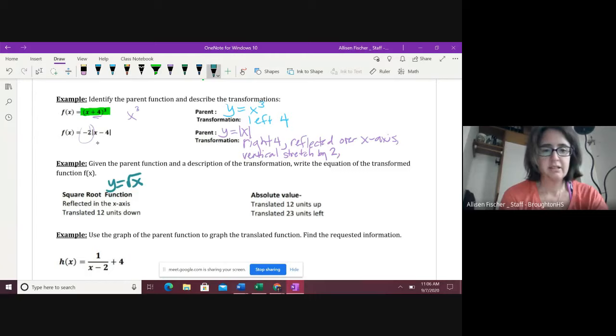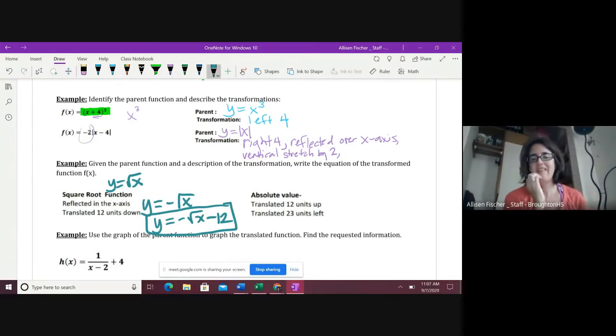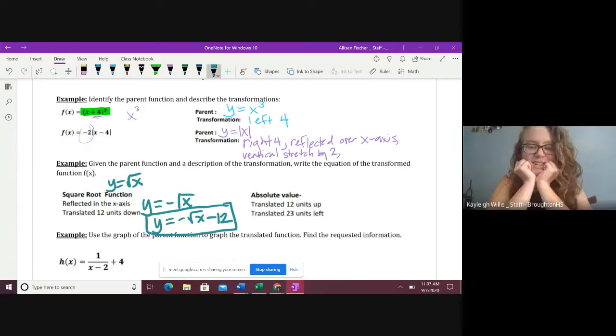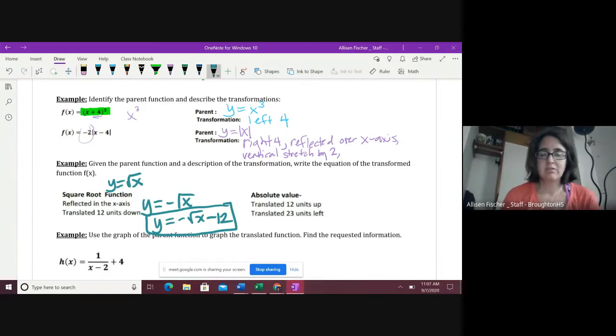So an x-axis reflection, and then translated 12 units down. So this would be your final answer. Easy. Easy peasy. Just go in the order of what they are telling you. So again, order matters.